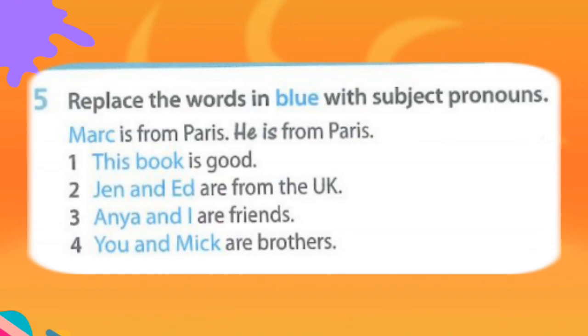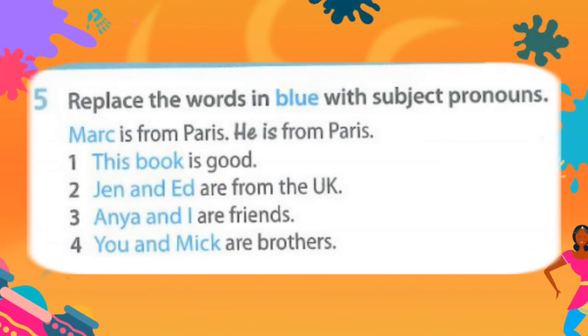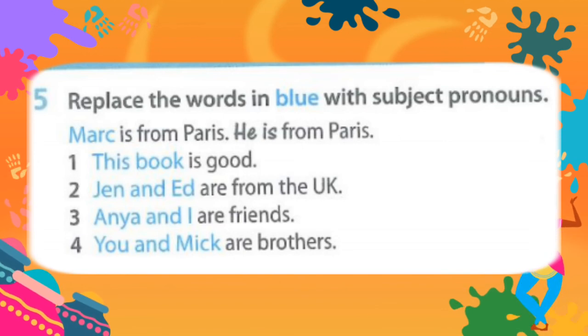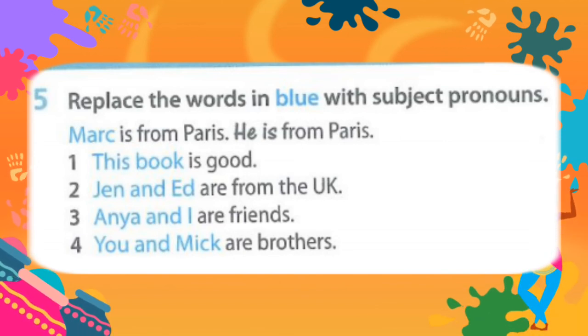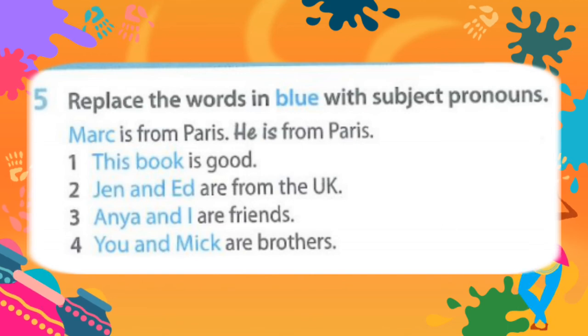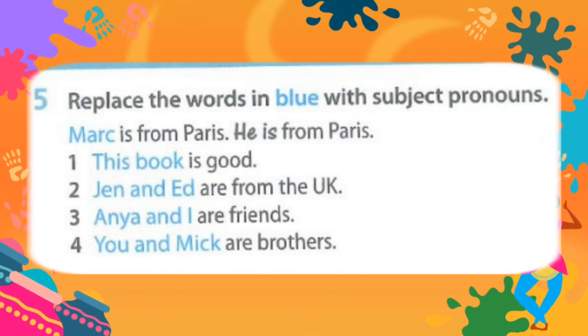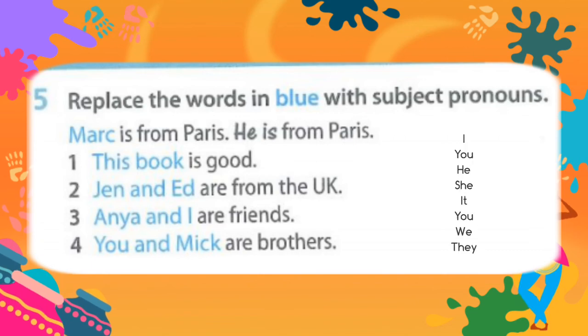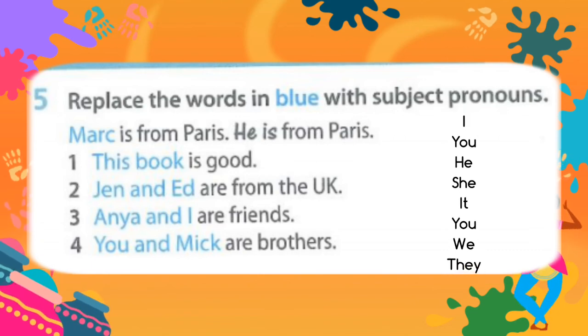Exercise 5. Replace the words in blue with subject pronouns. Okay, first, Mark is from Paris. So we replace the words in blue, Mark, into he is from Paris. Do you still remember what are subject pronouns? Okay, it's like I, you, he, she, it, you, we, they.